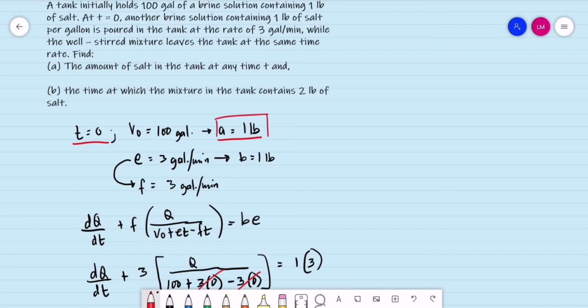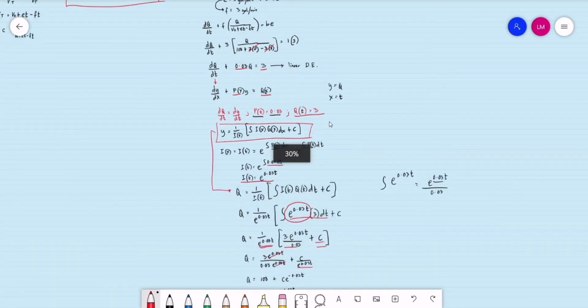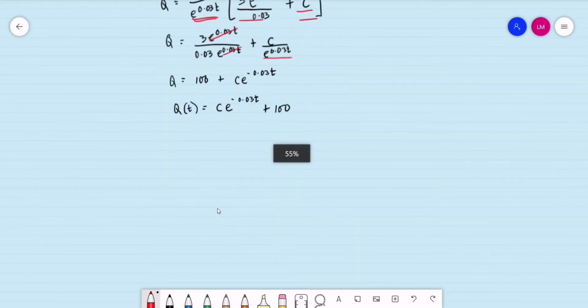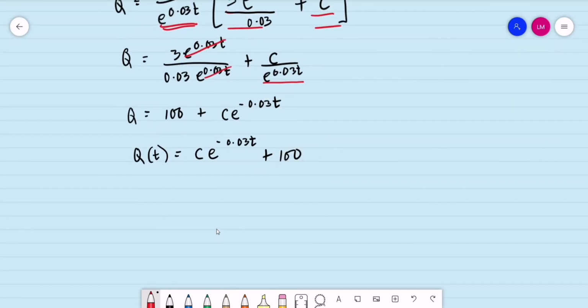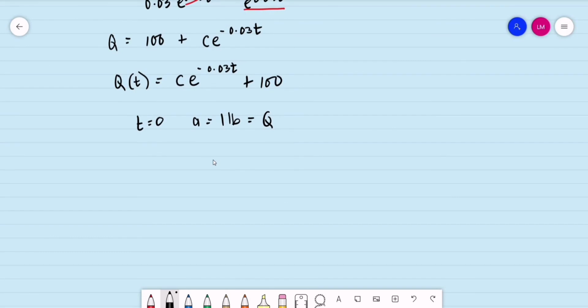That will be the initial value of Q. If you recall, at time equal to 0, the amount of salt in the solution is 1 pound, and this will be our Q, the initial value of salt in the solution.